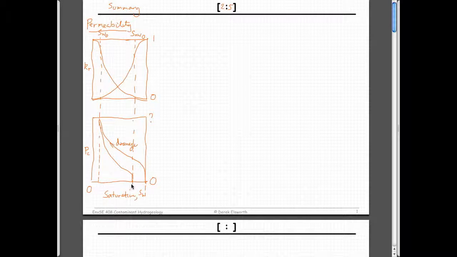This is, again, saturation of the non-wetting fluid. And of course, it's this length here which defines that. And the other important parameter here is the bubbling pressure or the entry pressure. PC0 equals entry pressure.